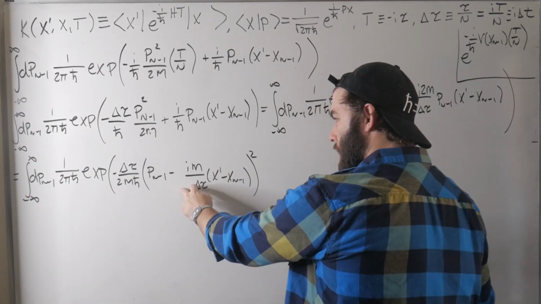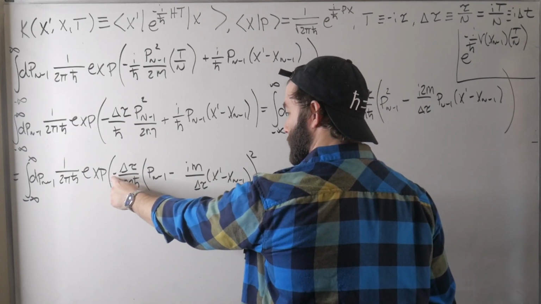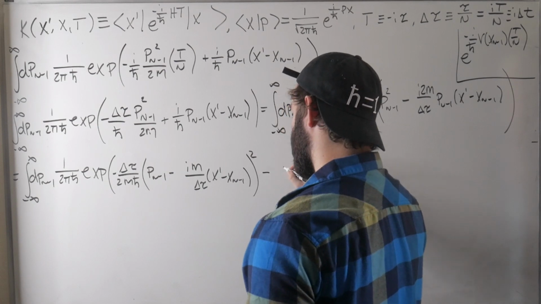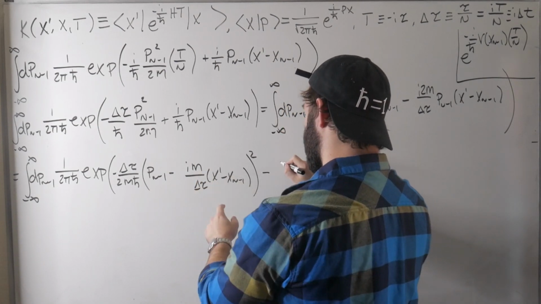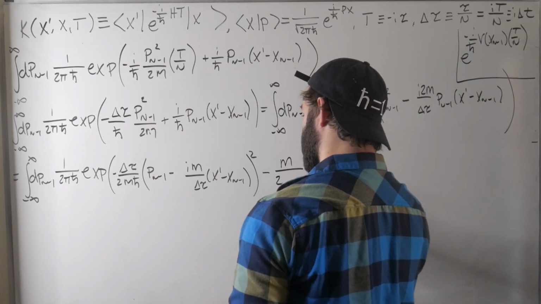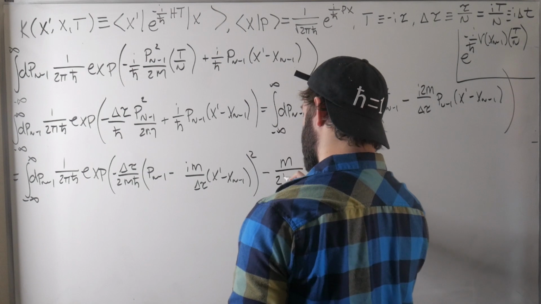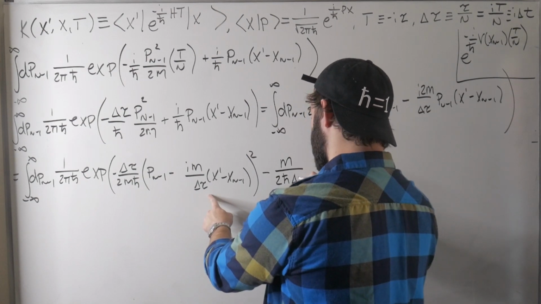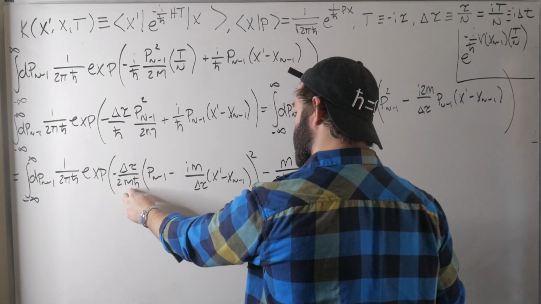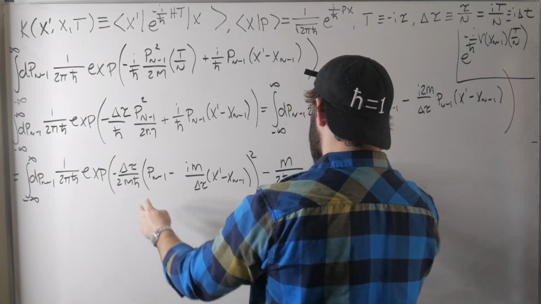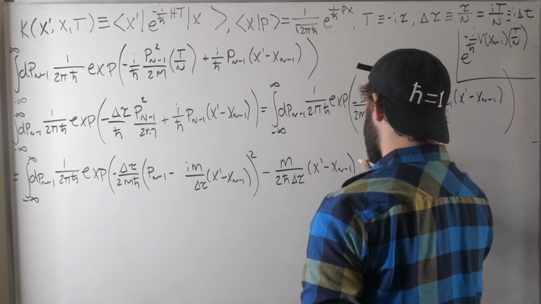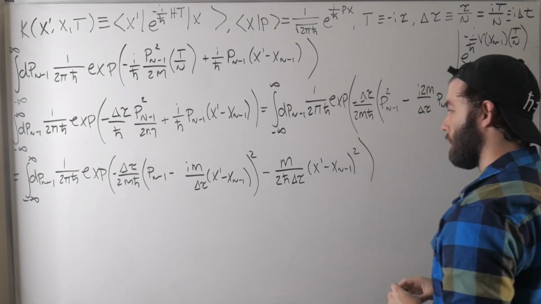And then, if we square this it's going to be negative times a negative, which is a positive. So we want to subtract, this is going to be an m squared, so we have an m delta tau over 2 h bar delta tau. Anything else there? 2m. Okay, times x prime minus x sub n minus 1 squared. All of that squared off.